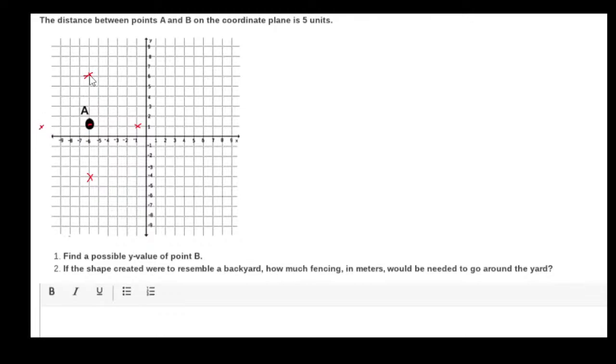I will join them and I will get a circle like this. Now the question is, find the possible y value of the point B. So the y value will lie between -4 and 6. So y is greater than or equal to -4 and less than or equal to 6. This is the first problem.